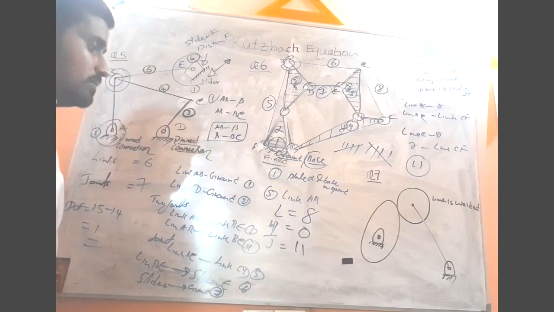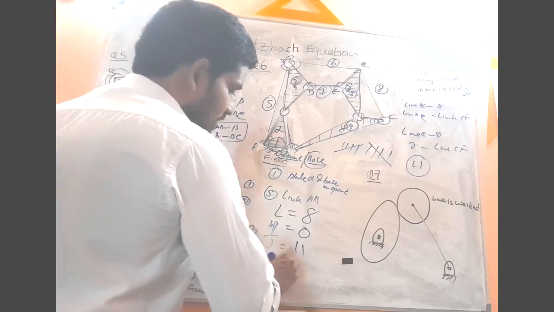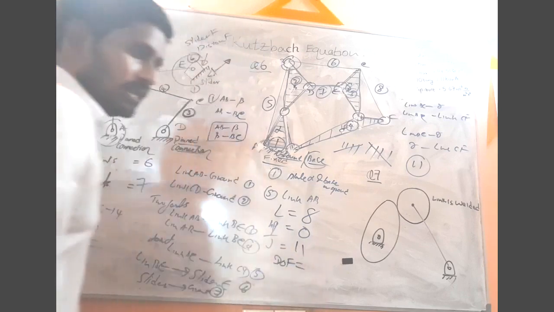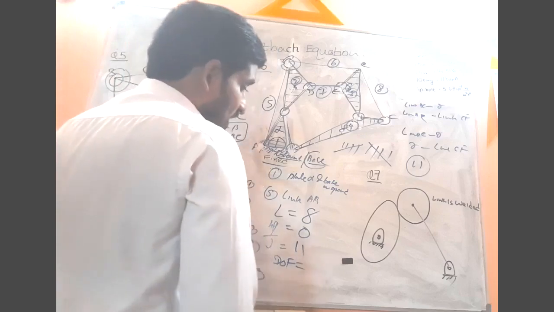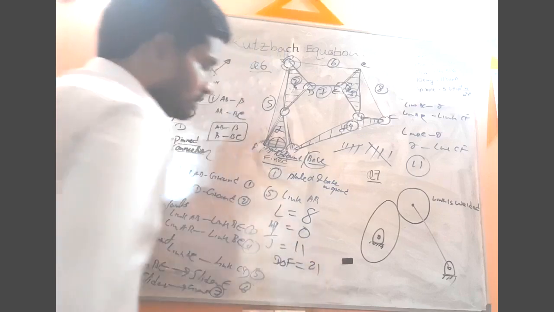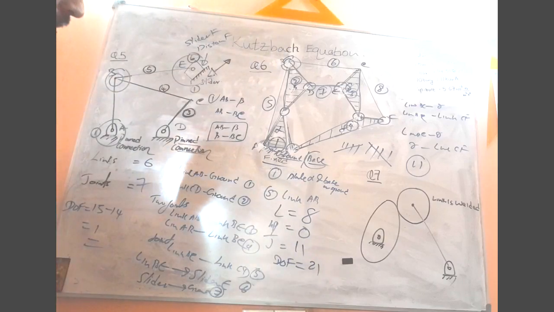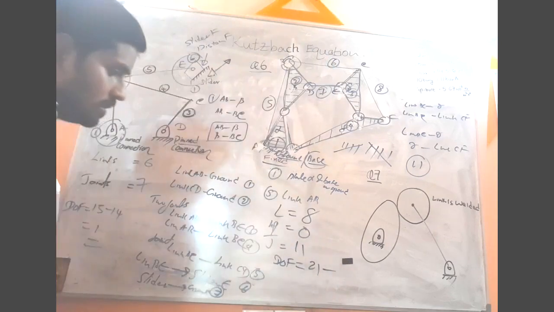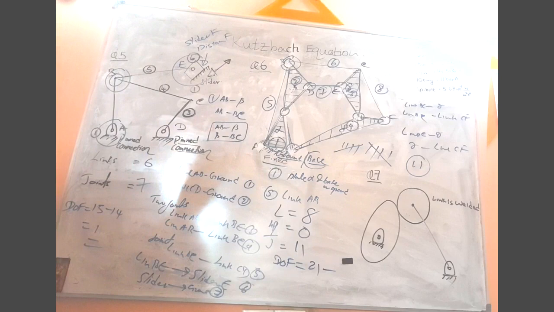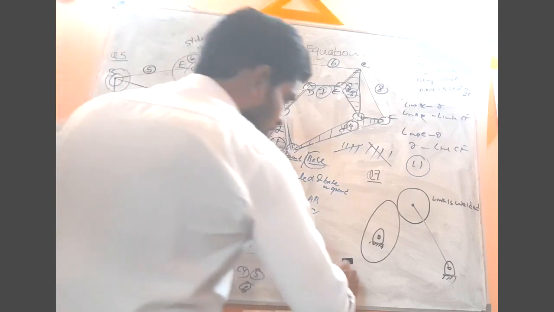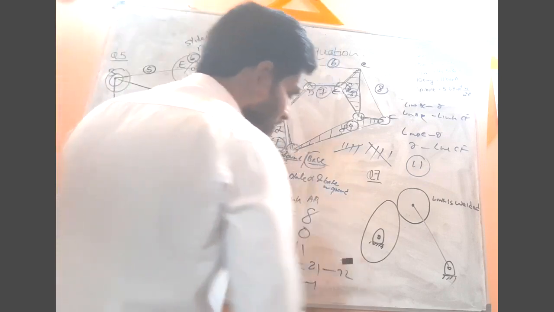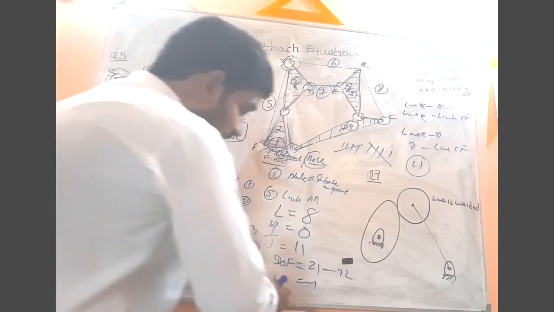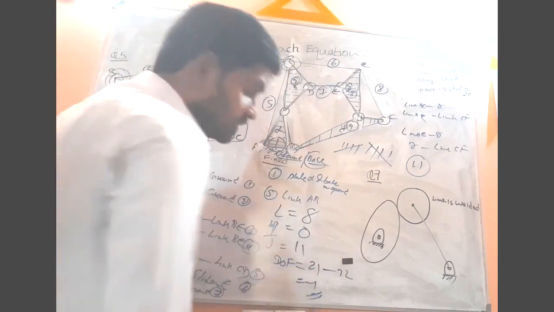Now according to the equation, degree of freedom DOF equals 3 times (links minus 1), that is 3 into 7, 21, minus twice the number of joints. Twice 11 is 22. The answer is minus 1. So the answer that you are getting for the degree of freedom is a negative value.